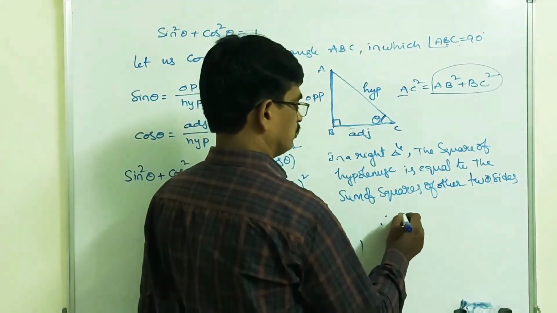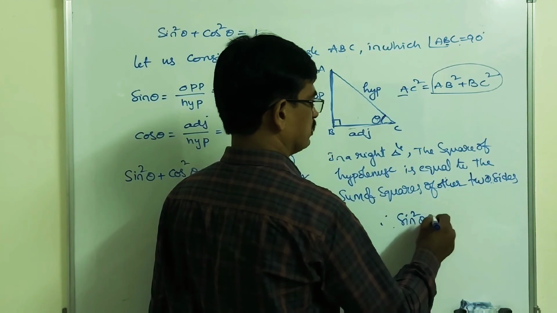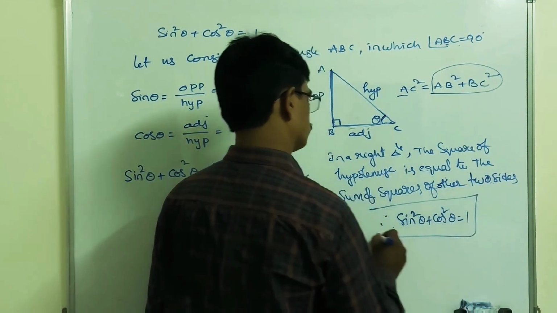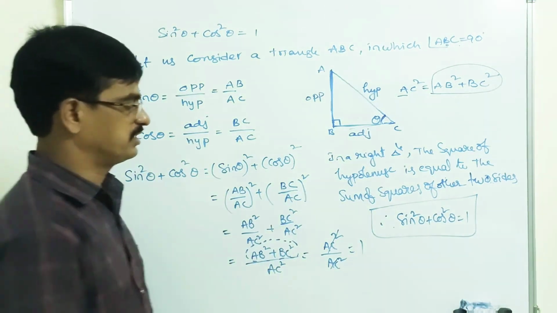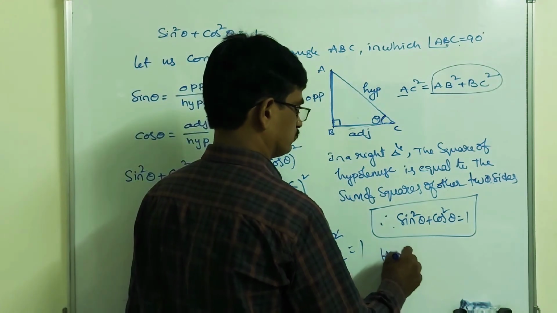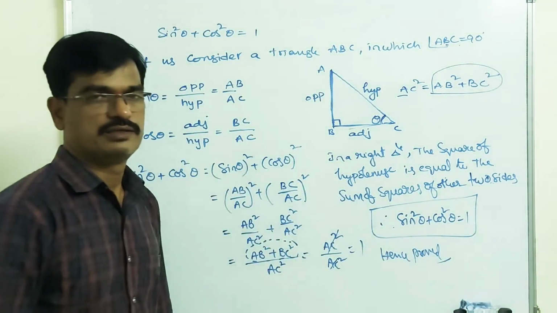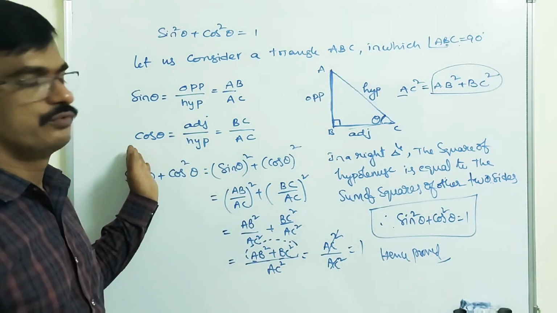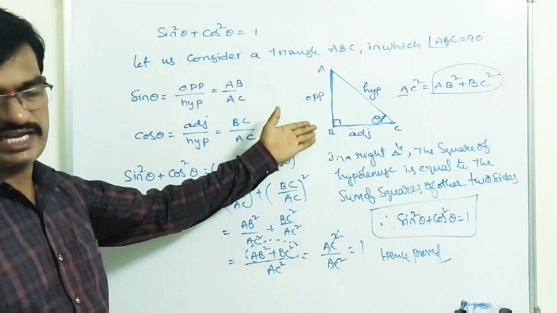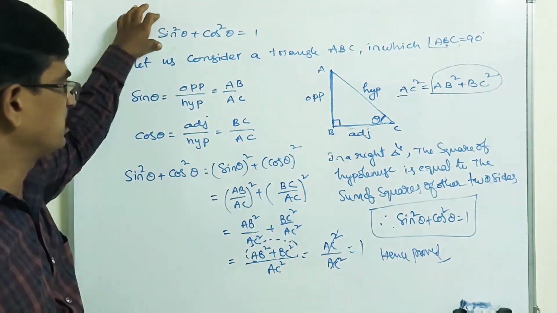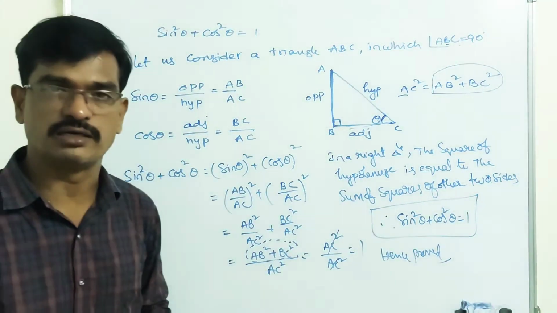Therefore, sin square theta plus cos square theta is equal to 1. Hence proved. This is the method of proof, with the help of a right triangle, of the identity sin square theta plus cos square theta is equal to 1.